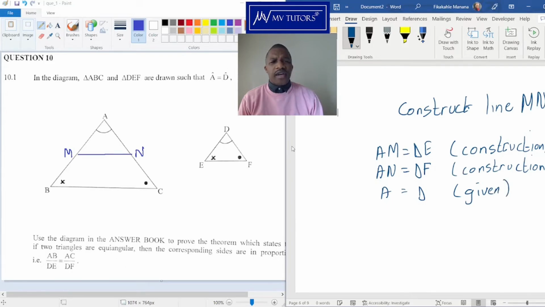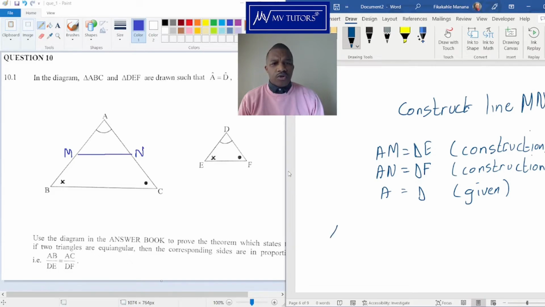So now we have a side and an angle to prove that these are congruent. Remember, congruence means equal sides, equal angles. So let's just write it in full.